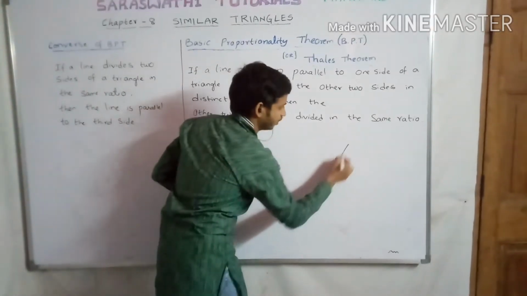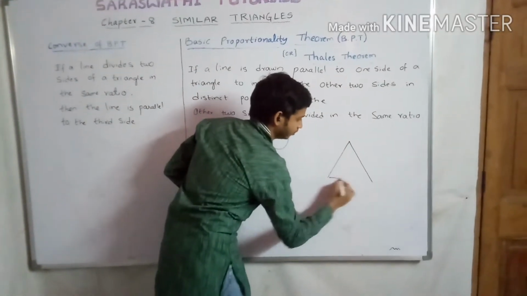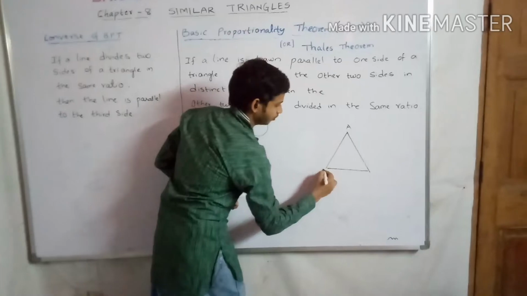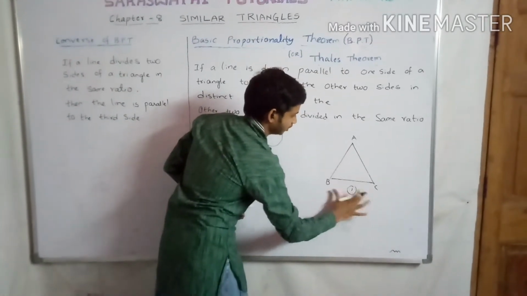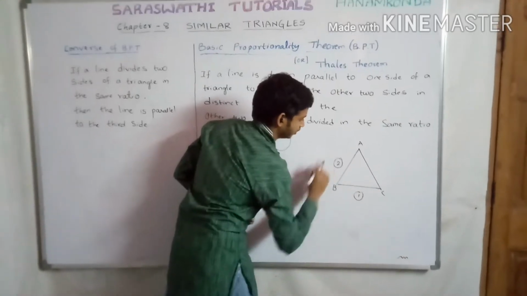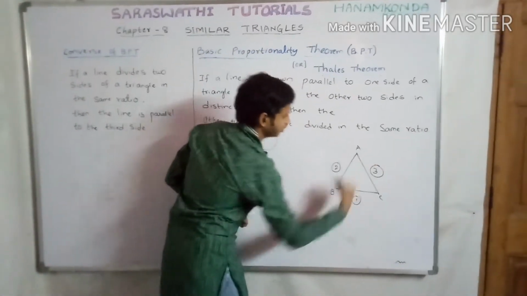That means, if we consider a triangle ABC, BC is the first side we considered, AB is the second side, and AC is the third side.